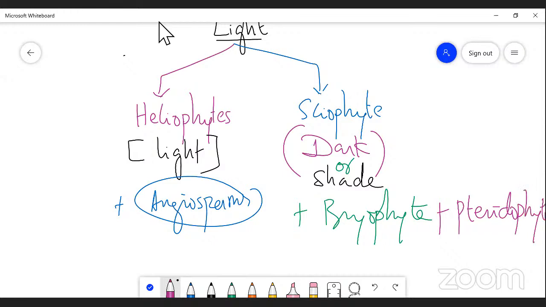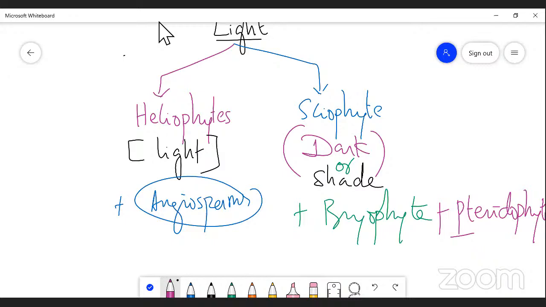Dear students, I am talking about the second category, sciophytes, in which the P is silent. So here you have to pronounce pteridophyte, even though P is present. So both bryophytes and pteridophytes are suitable examples of sciophytes.